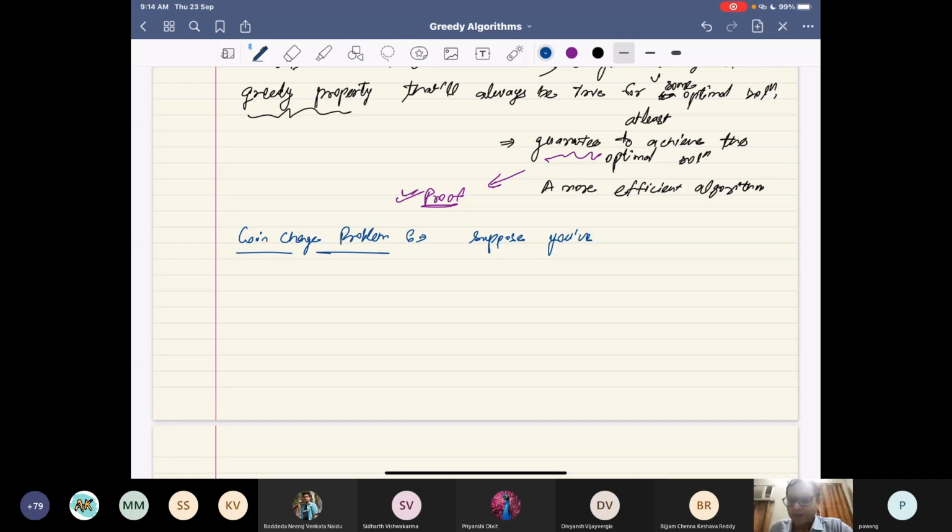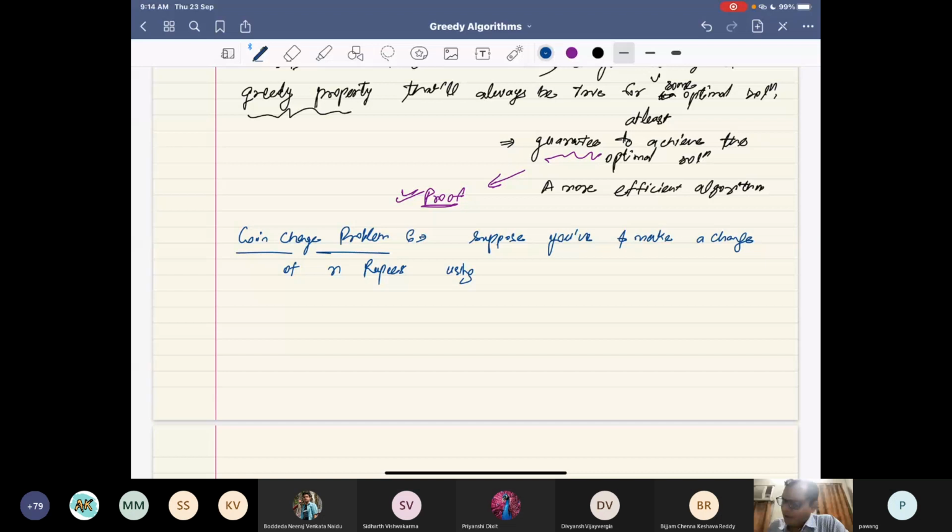I'm trying to go slower, but if anybody feels I'm going faster, please stop. So suppose you have to make a change of n rupees, and for that, you have to use some coins.